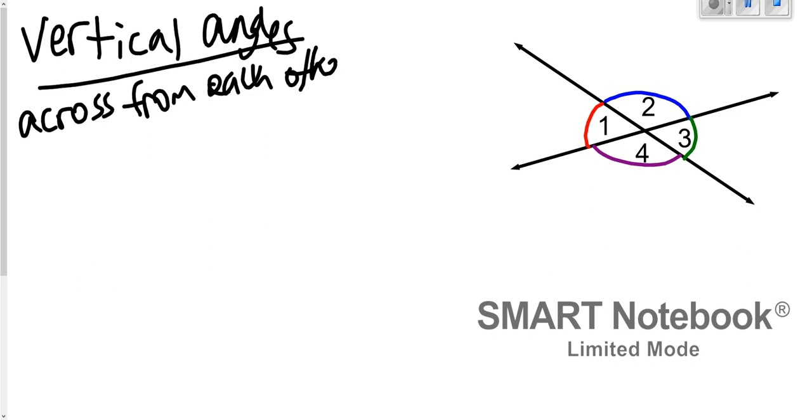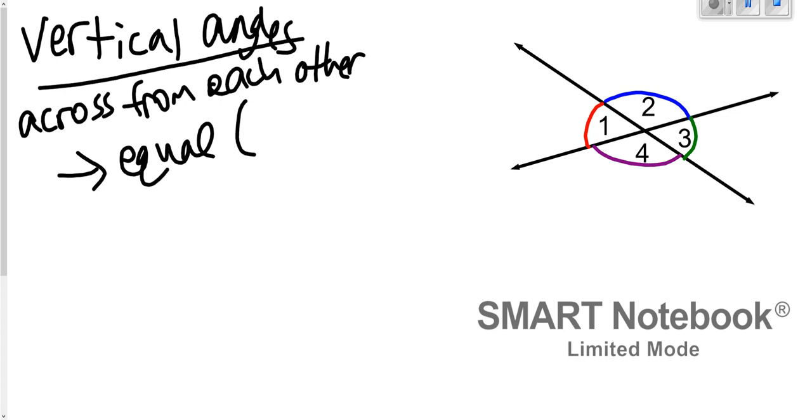And it's very important that they're formed when we have two intersecting lines. That's when we're going to see vertical angles, or more than two. So they are across from each other, and they are equal, or sometimes we use the word congruent. And this is the symbol for congruent, just if you remember.